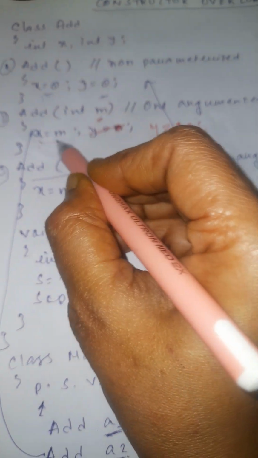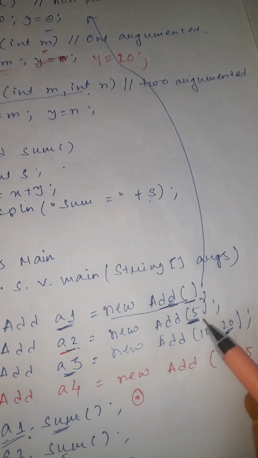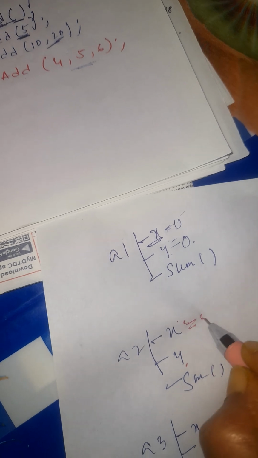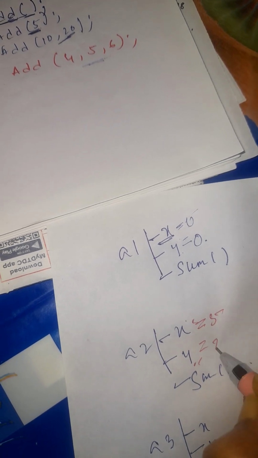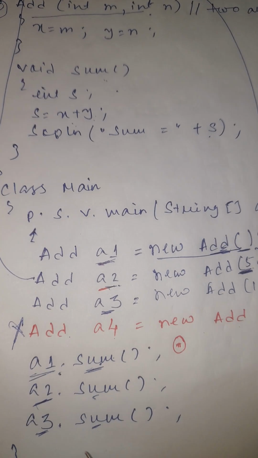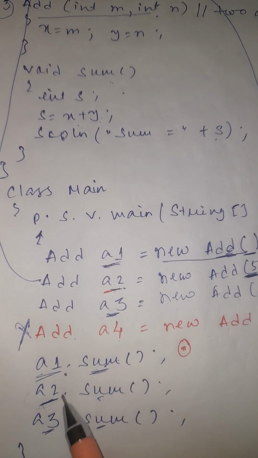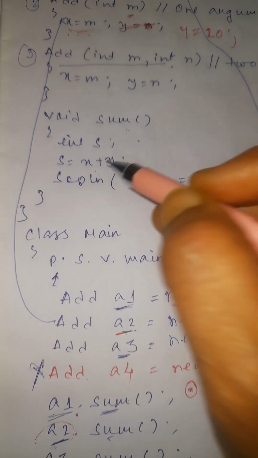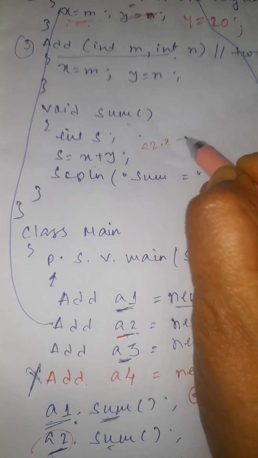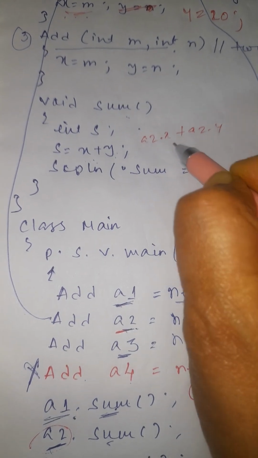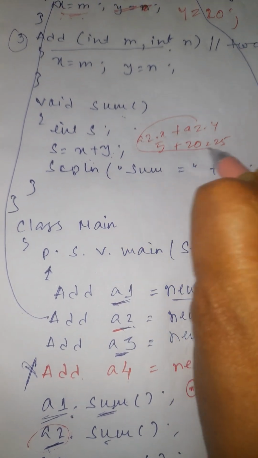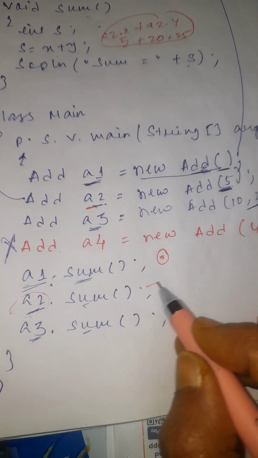So x equal to m, and the value of m was 5. So for a2, the x value is 5 and y is 20. Now the sum function is called with the object a2, so it is a2 dot x plus a2 dot y. That is 5 plus 20 equal to 25. This 25 will be printed here.